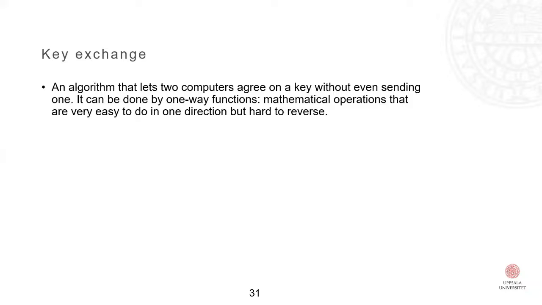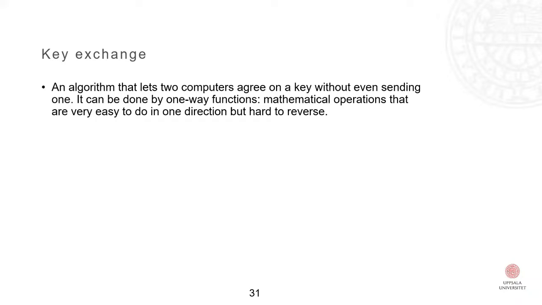Because imagine when you have a symmetric key, if you send your key over the internet, anyone can have access to it and can access the data that you are sending. But there are smart algorithms called key exchange algorithms that make you agree on a key, although you have not sent it through a network, for example.